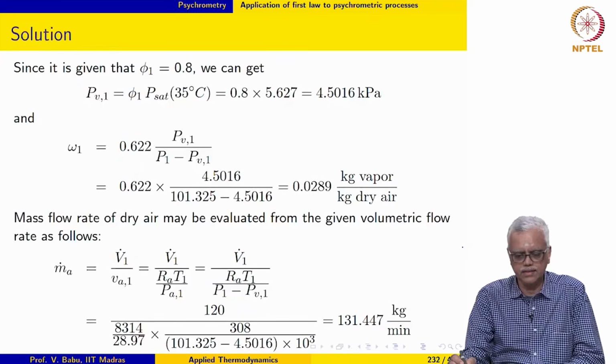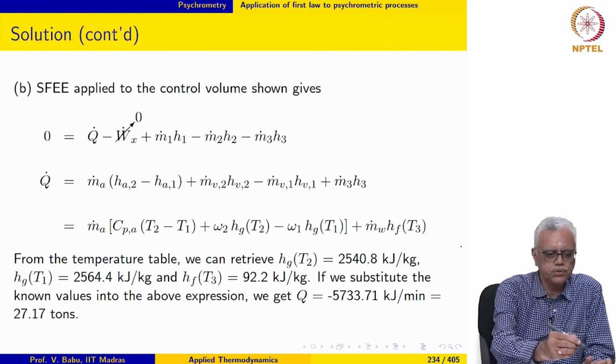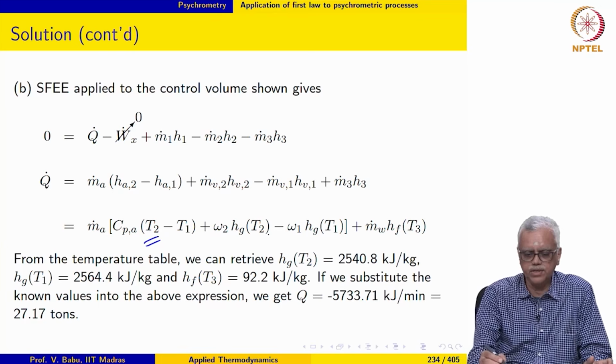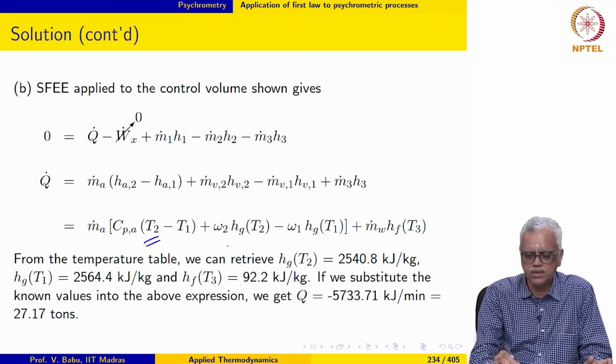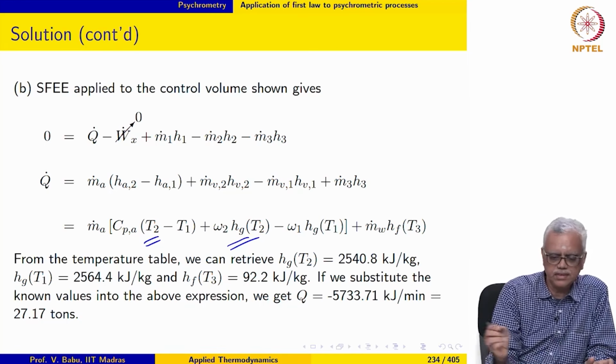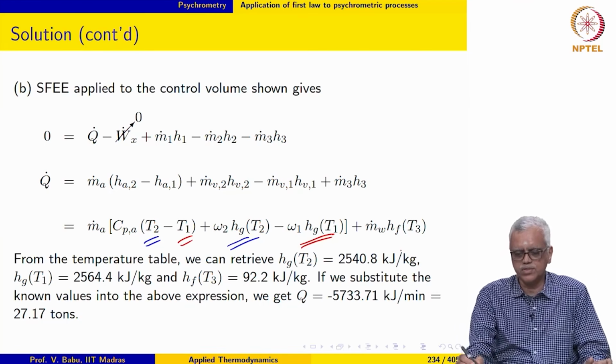If you look at the next example that we saw, here too you see the same thing. You see Cp times T2 plus omega times h of T2, and you notice this combination Cp times T1 plus omega times h of T1.